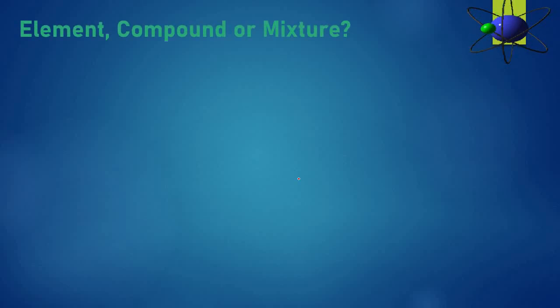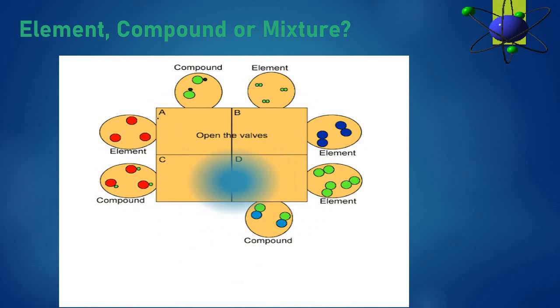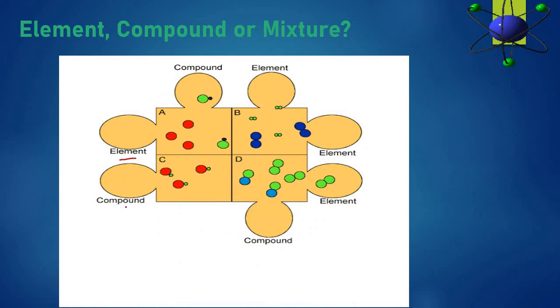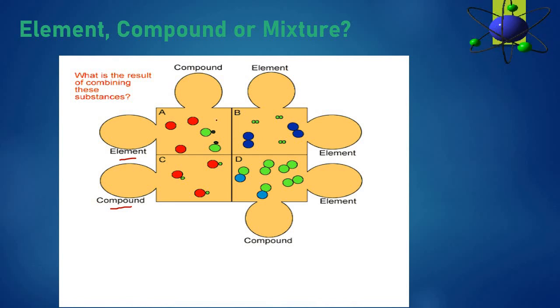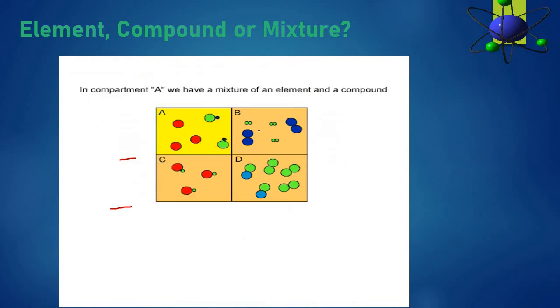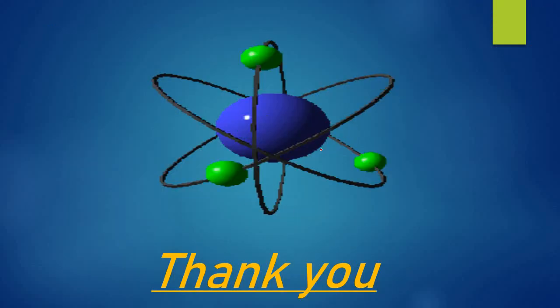Now, what is an element, compound or mixture? So students, this is the element, and these are the compounds. They combine to form one thing, and the whole is called a mixture of element and compound.